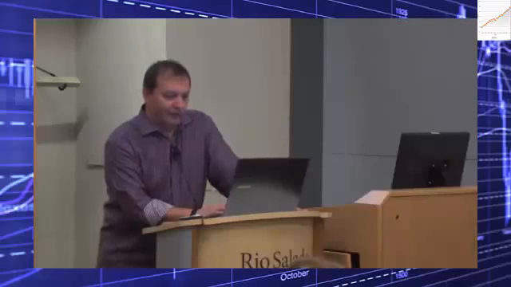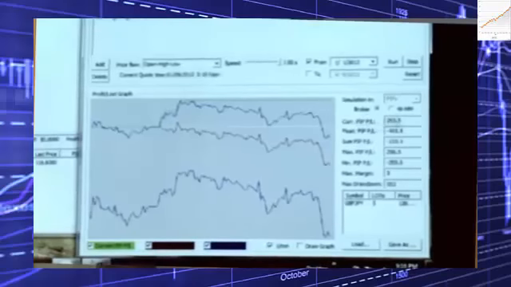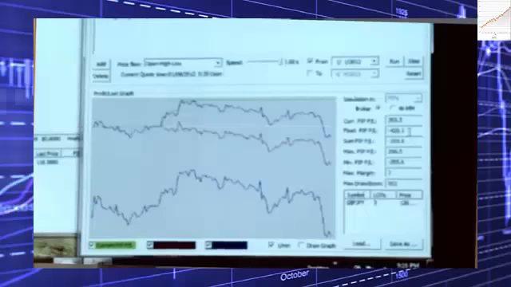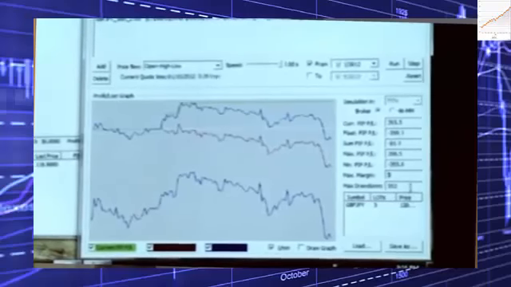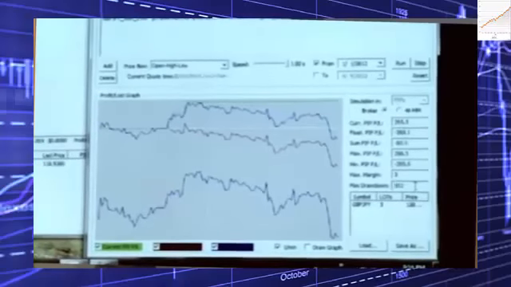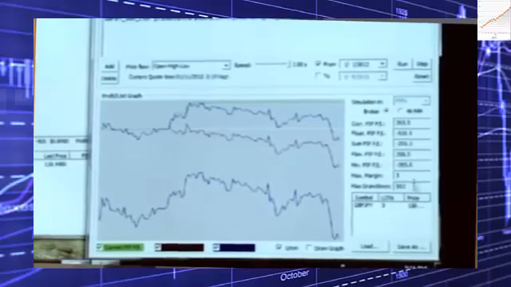Now on this side, there's a calculator that calculates basically the closed trades. This is the open trades, and this is the combination. This is the size of the current trade, and down here is basically maximum drawdown, how much we're drawing down at any given time.